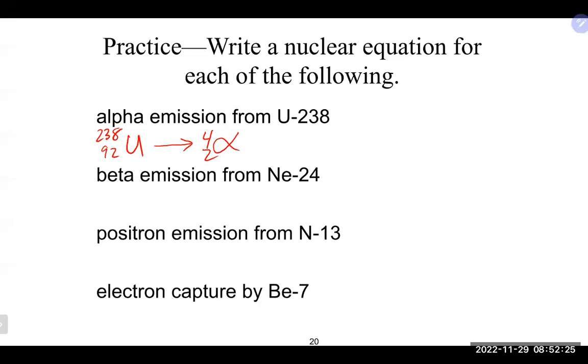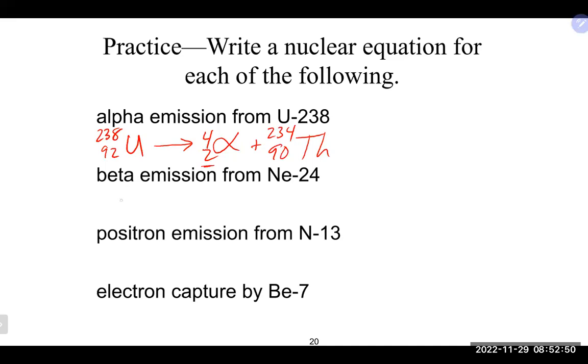Again, you can use the alpha symbol or the helium symbol, whichever one you like. Our missing atomic number in this case would be 90. And again, going to the periodic table, number 90 is Th. Up on top, we basically have 238 on the left, 4 on the right. So that's going to be a 234 up there, up on right. Any questions on that one there?